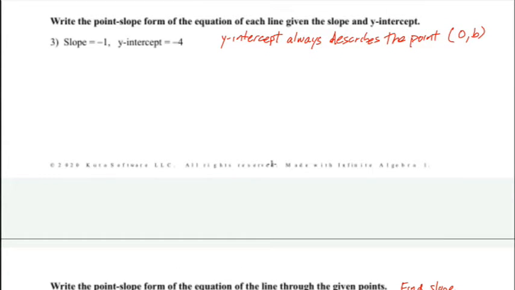Number 3, they're asking us to write the point slope form of the equation of the line given the slope and the y-intercept. So we have m, that's being given to us.